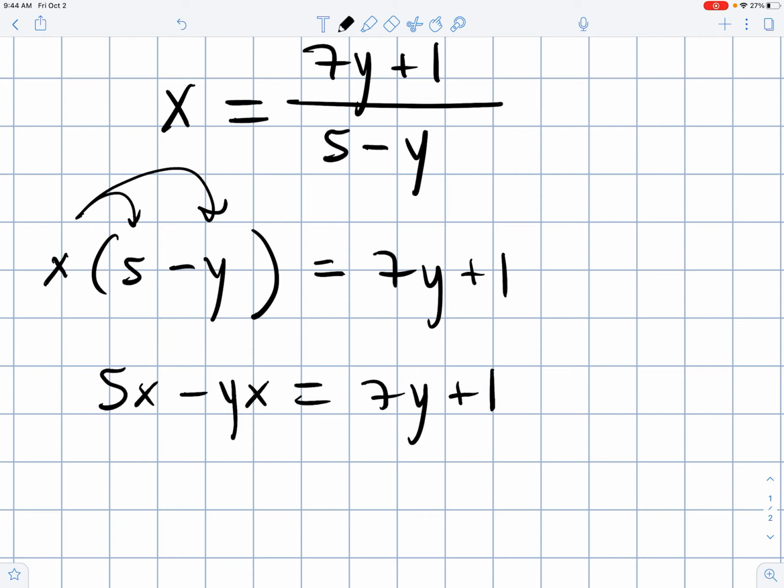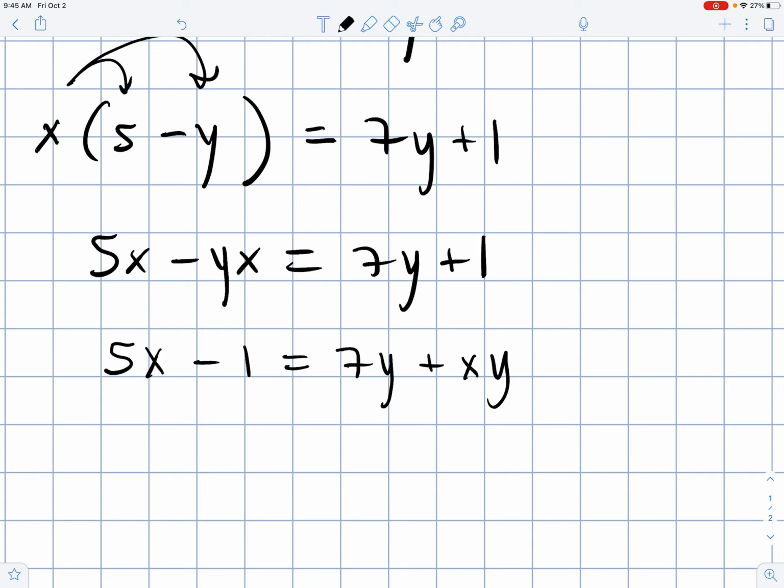Okay, so now I'm going to get the terms with y on one side and all the other terms on the other, so then I can factor out a y. So I'll have 5x minus 1 equals 7y plus xy, which is the same as y times x.